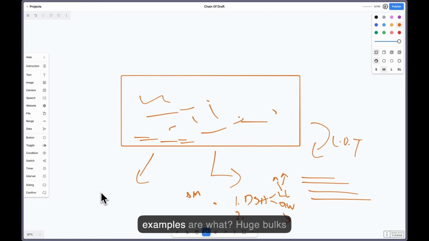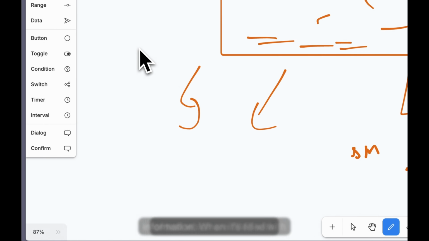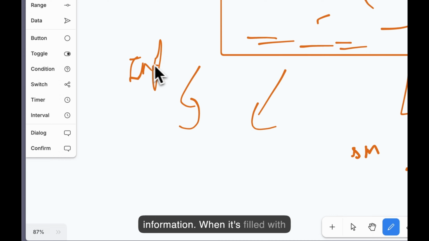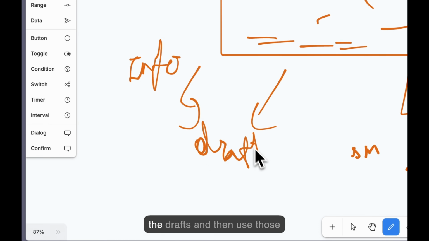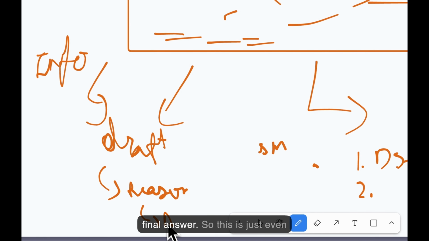The examples are huge bulks of text filled with information. When it's filled with information, the model will have to do what? It will first have to create the drafts and then use those drafts to reason and then give the final answer.